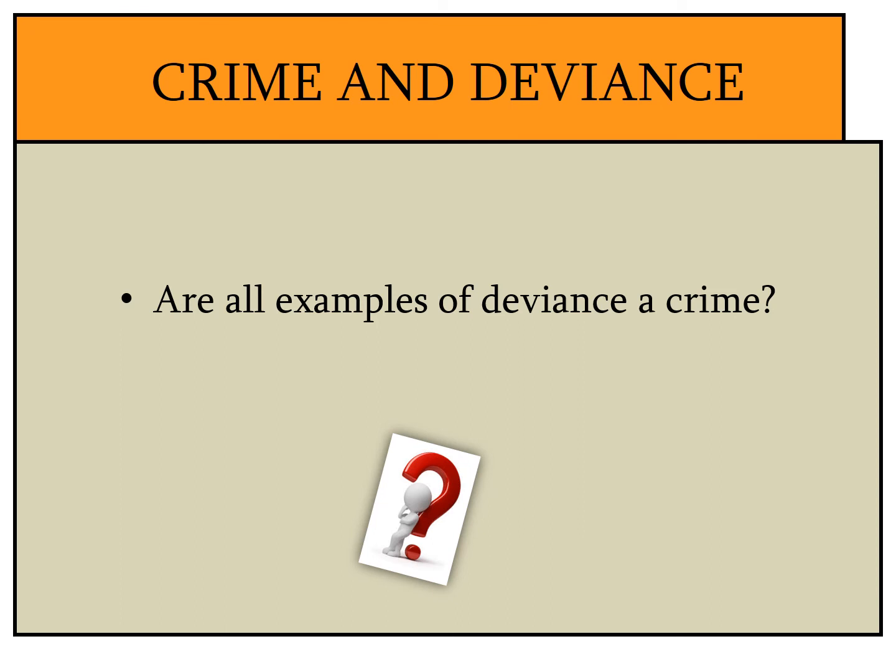And so by kneeling, for some people, it is viewed as deviant. But it is not a crime. Mr. Kaepernick is not going to be arrested for kneeling. So even though he's being deviant, it is not a criminal offense. So not all examples of deviance are criminal.